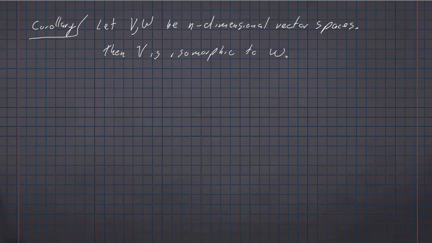You can make this statement more powerful. If you have vector spaces of the same dimension, then they are isomorphic. If you have isomorphic vector spaces, then they have the same dimension. I'm not going to prove the second part in this video just because we're running low on time, but I think this is an interesting corollary that doesn't take that much effort.